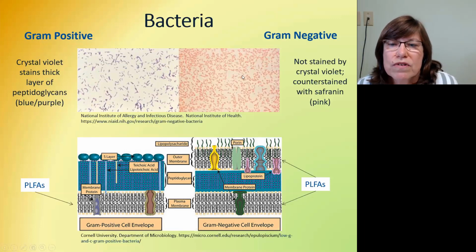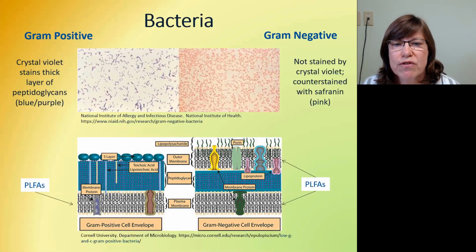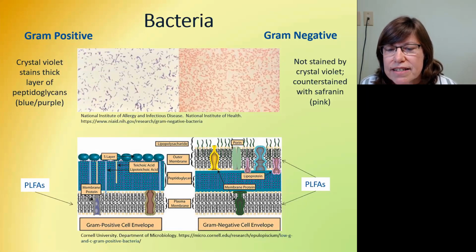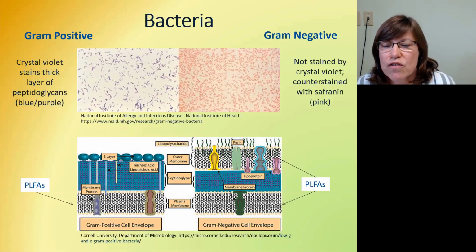But there were other bacteria that did not take the crystal violet stain. So they would counterstain with safranin. So you'd have purple bacteria and pink bacteria. And it turned out that the gram-negative bacteria had 2 layers of phospholipid fatty acids, just a thin layer of the peptidoglycan.